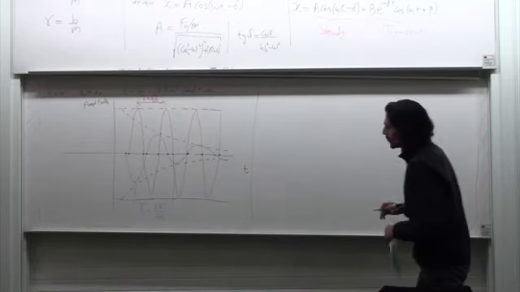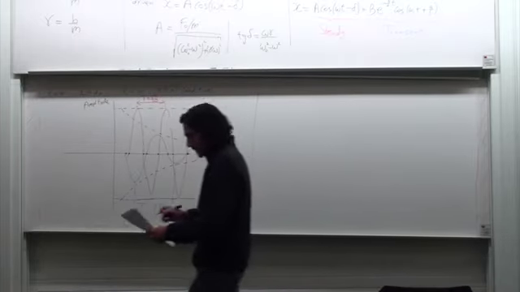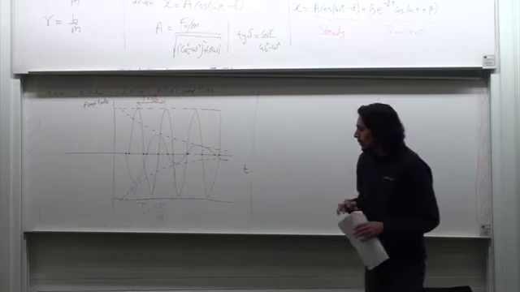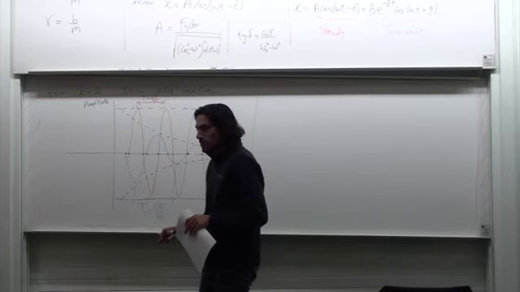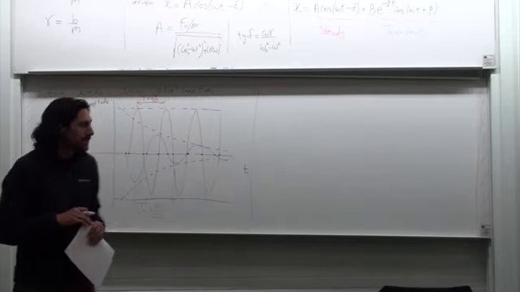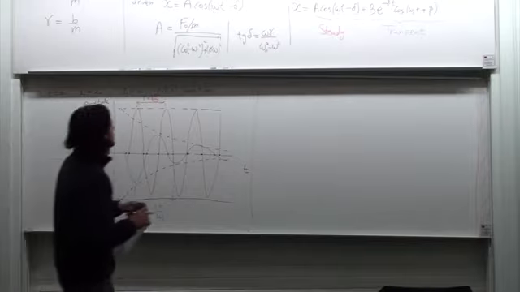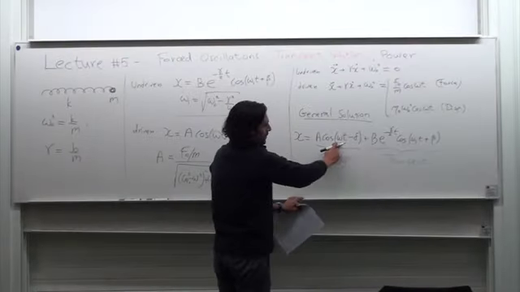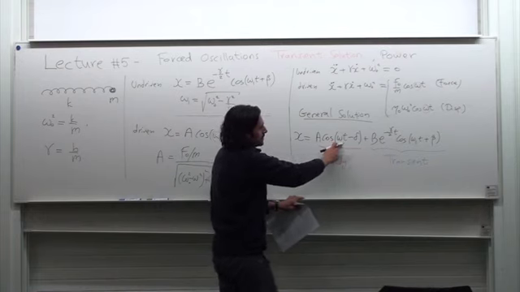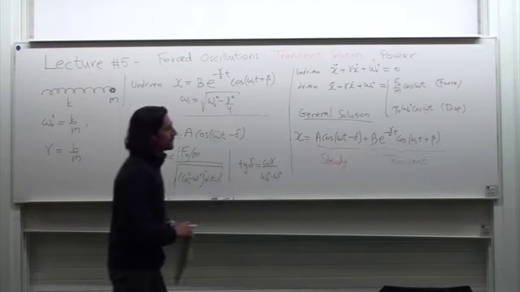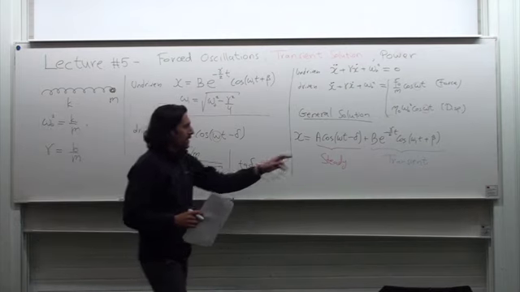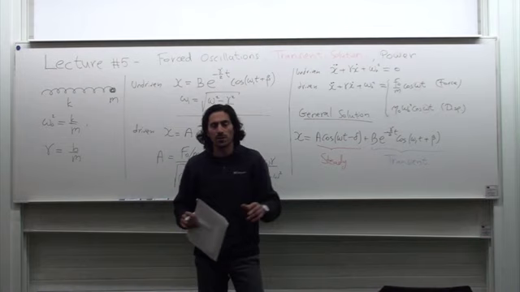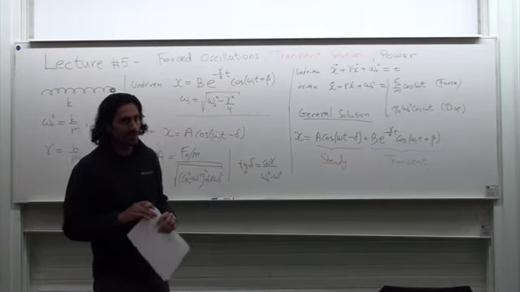Now there's a question, what would you see if the driving frequency was very close to omega 1? This is the driving frequency, and this is omega 1 of the system. What do you think would happen if I drive the system with omega very close to omega 1?